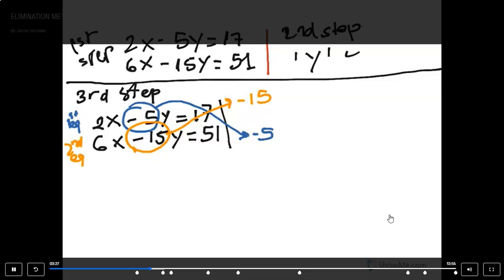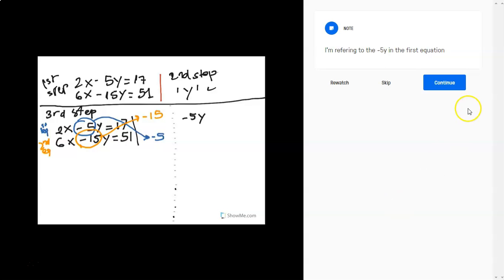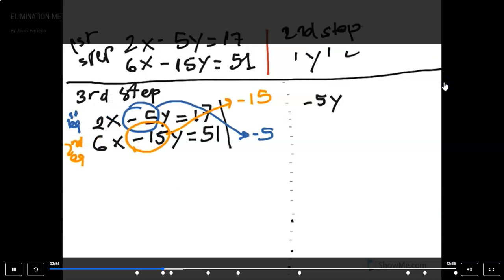Okay. So now, we want to eliminate the y, right? Don't lose sight of that. So I'm going to make a parenthesis here. I'm going to explain something to you. We want to eliminate the y, and in our first equation the y is negative. We have negative 5y. In the second equation, we have negative 15y.